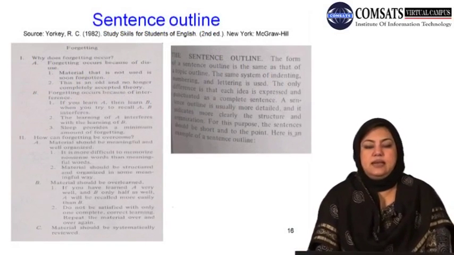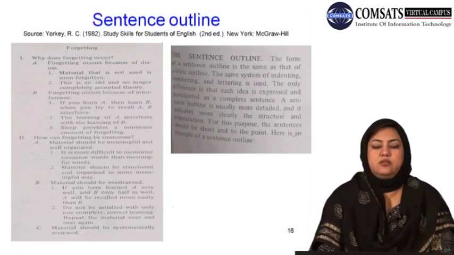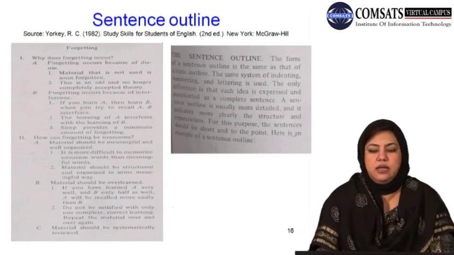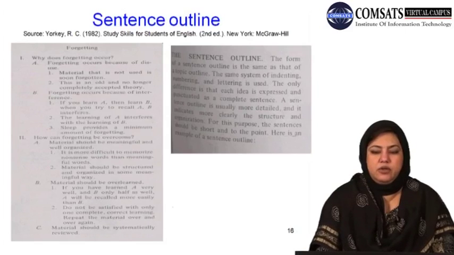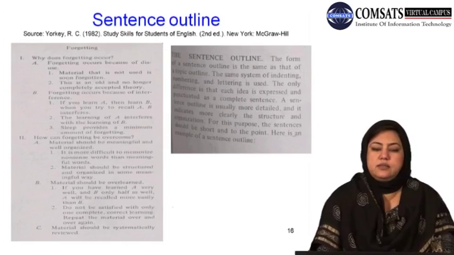Well, as I have already said, a micro outline is also called a sentence outline, and Yorkie 1982 has also called it a sentence outline. Here is a sample that I am going to share with you regarding this sentence outline. If you look at the left column, you would see the title of this outline is forgetting.